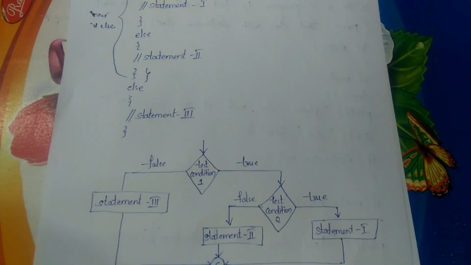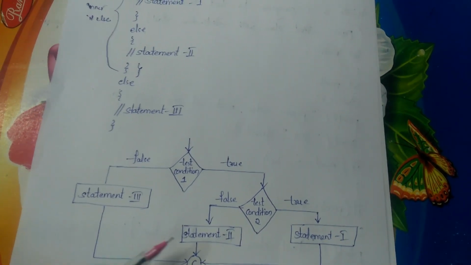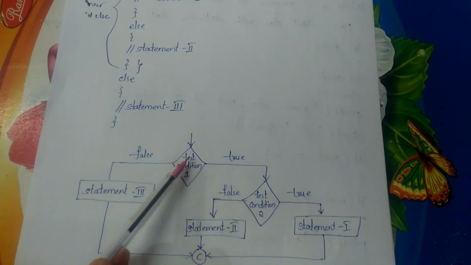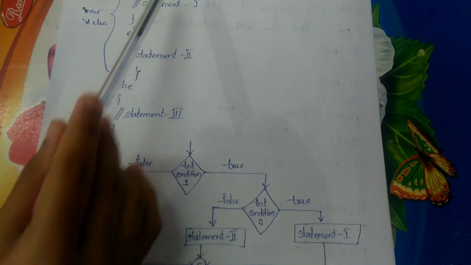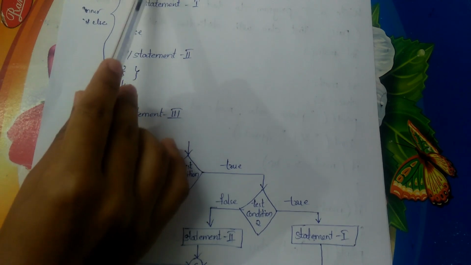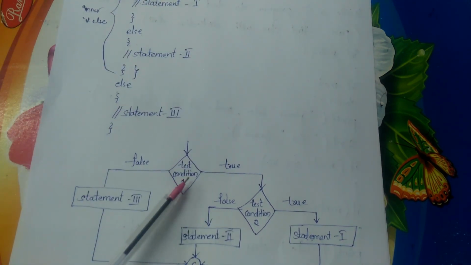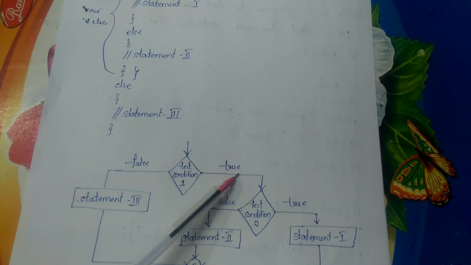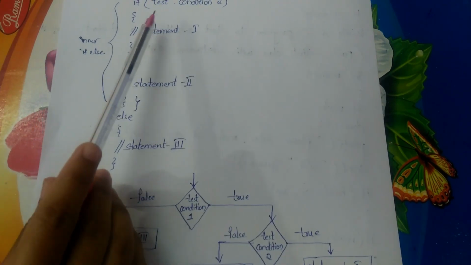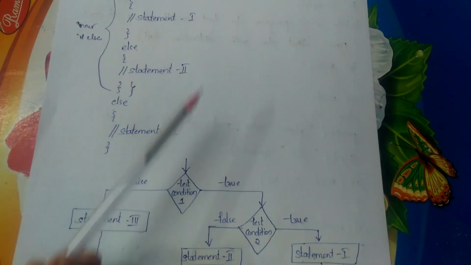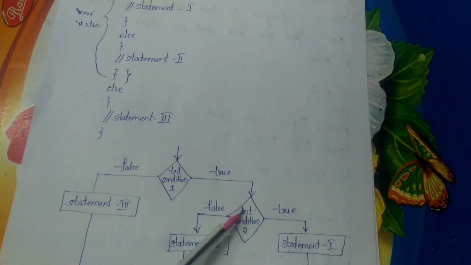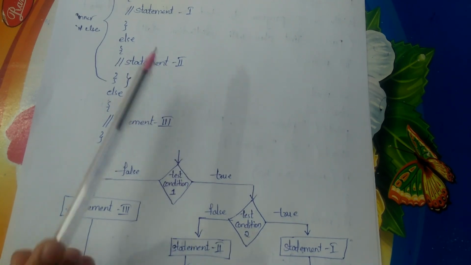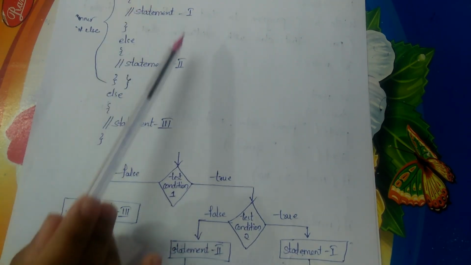So in this flowchart if you see, first the test condition 1, which we have written in the if. Now when this test condition is true, the test condition 2 will be evaluated. So again for the test condition 2 we have true and false.